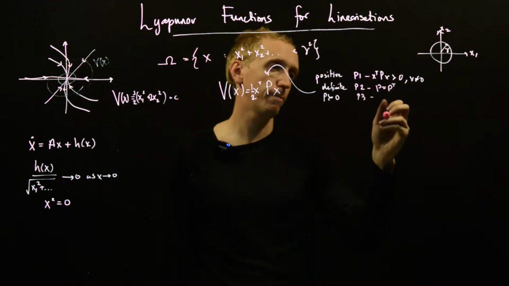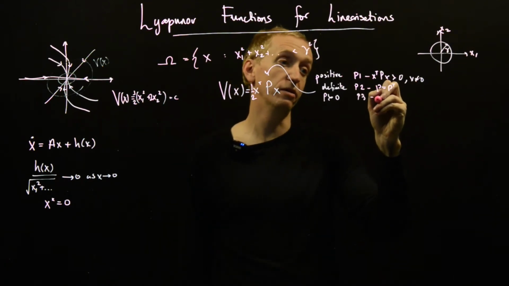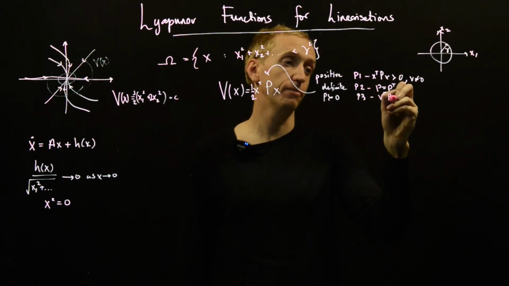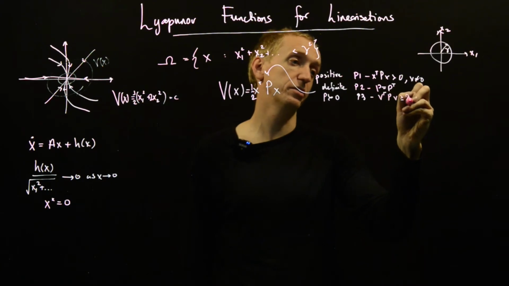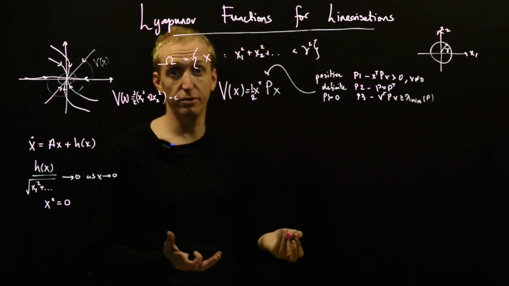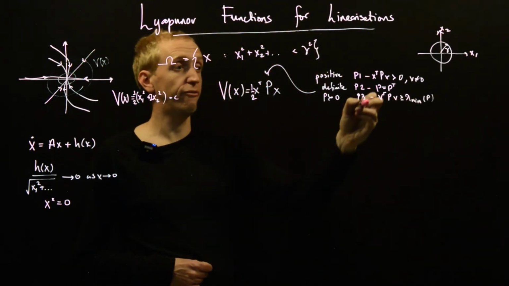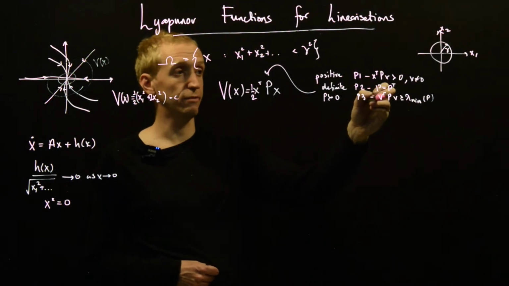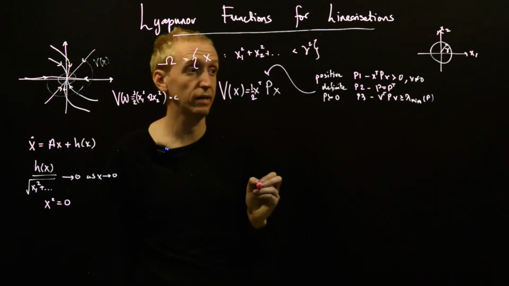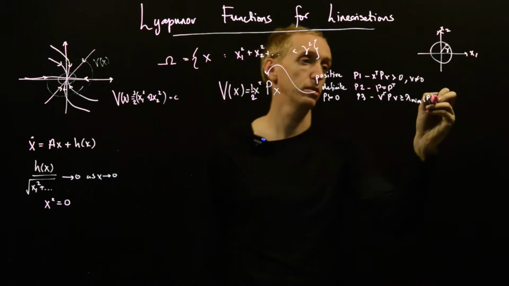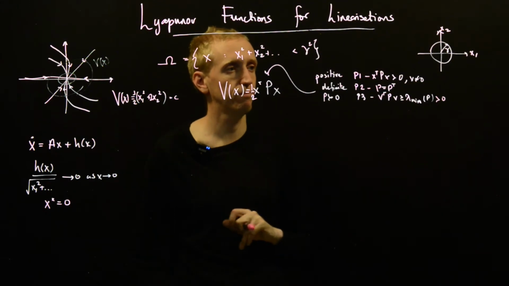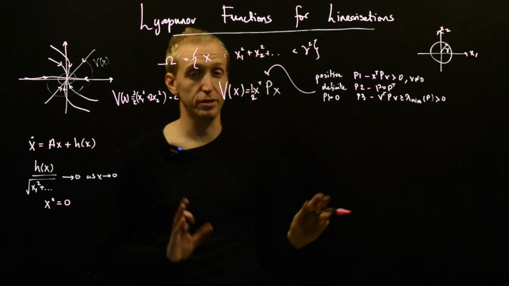Property 3: if I take a unit vector v, then v transpose P v is greater than or equal to the smallest eigenvalue of P. So positive definite matrices always have positive eigenvalues, and if I use a unit vector v, v transpose P v is always larger than the smallest eigenvalue of P, which would be some positive number. I don't know if we need any more properties. We'll find out as we go. There's more detail in your lecture notes.